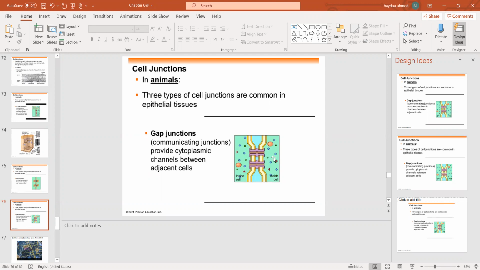These proteins create pores through which ions, sugars, amino acids, and other small molecules may pass. Gap junctions are necessary for communication between cells in many types of tissue, such as heart muscle and animal embryos.